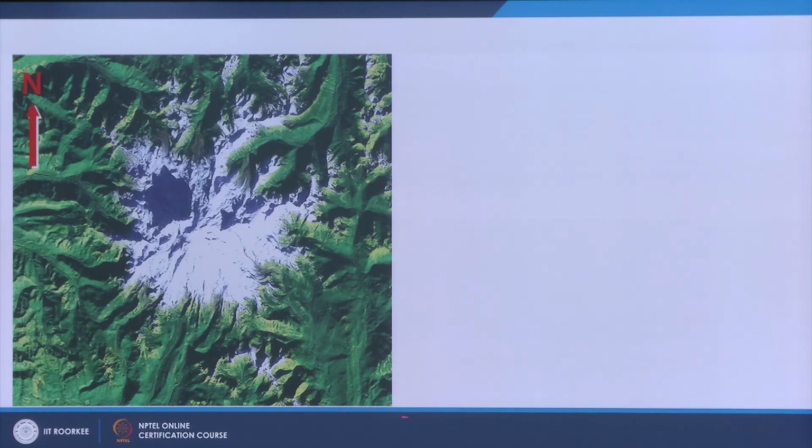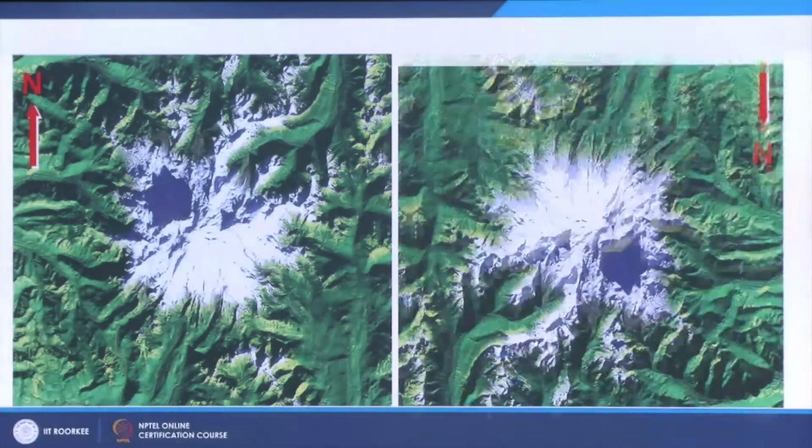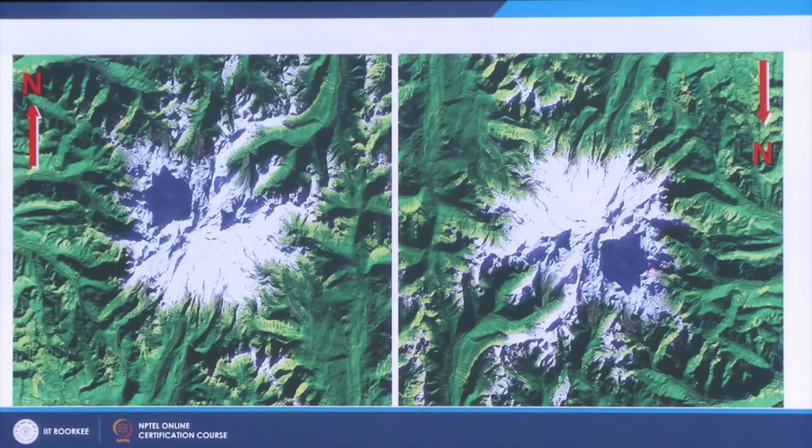When the sun is here and the satellite has taken the image from the top, the shadow will be in the opposite direction of the interpreter, and we will see an inverted phenomenon or false topographic phenomenon. But if I rotate this image by 180 degrees like this, then we see correct perception.